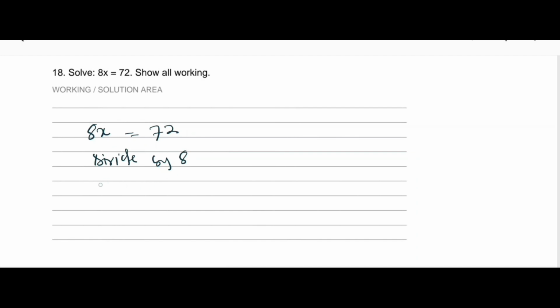So the first portion will be 8x divided by 8 is equal to 72 divided by 8. This 8 will cancel this 8. Then 72 divided by 8 is 9. So x is equal to 9. Do you understand? Yeah.